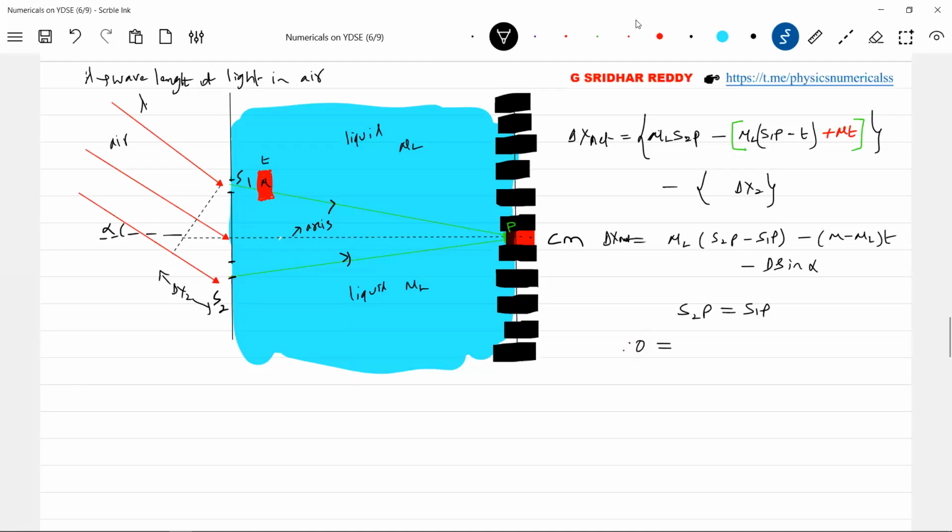The path difference should be 0, one more condition, because the rays will undergo superposition at the central maxima where the path difference should be 0. This should be equal to mu L times 0, T minus d sine alpha. So T is equal to d sine alpha over mu minus mu L.